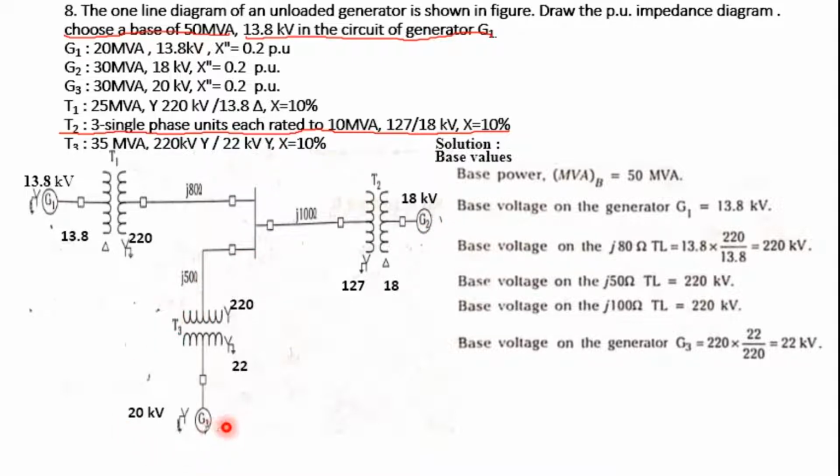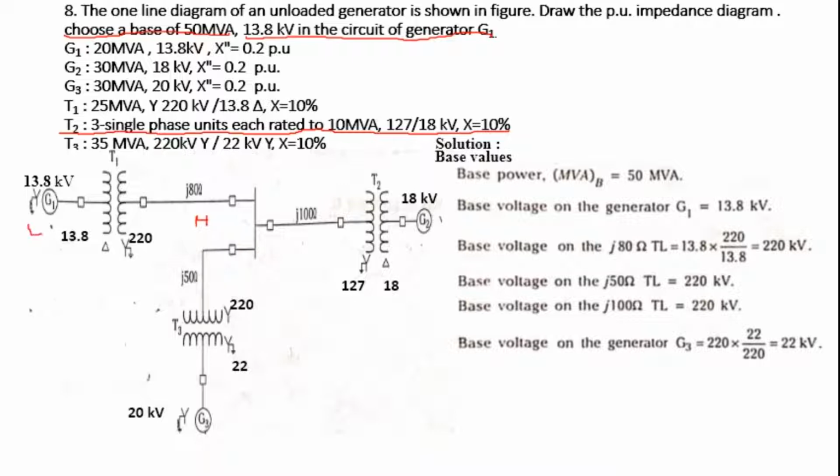So already we got the voltage of the generator, 13.8. Next we have to find the voltage on the transmission line, which has the impedance of 80 ohm. We know this is falling on the ST side, and this is your LT side.